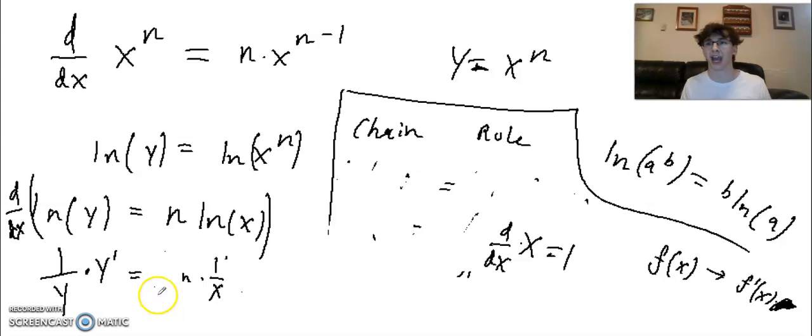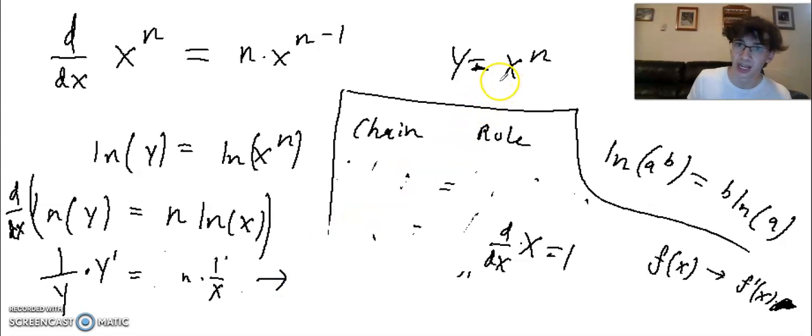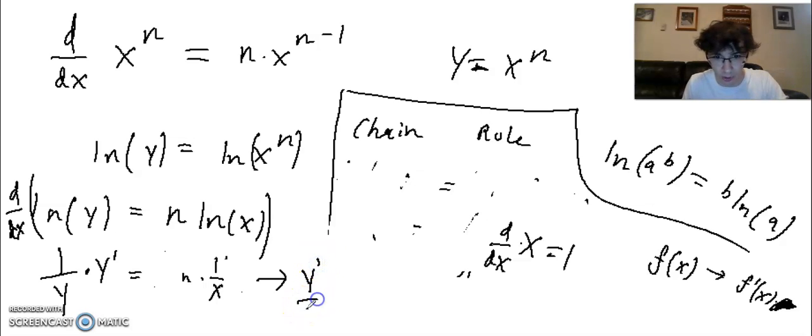So how does that help us? Well, if we rewrite this, remember y equals x to the n. So we have y prime over y equals n over x. N times 1 over x is just n over x.